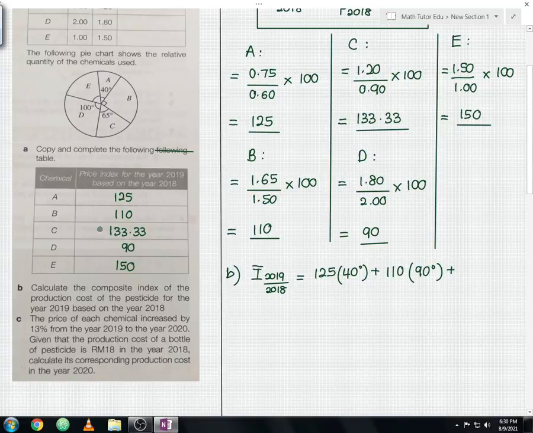Continue with chemical C. The price index is 133.33, so you write down in the working here 133.33. The weightage is 65 degree, close bracket, plus the price index for chemical D, you write here 90, and then you times it with the weightage 100 degree.